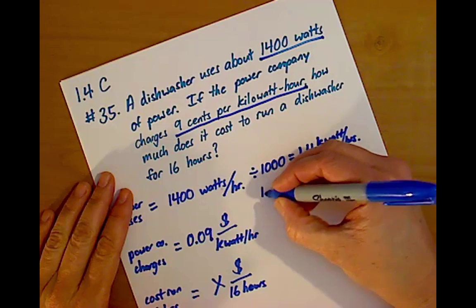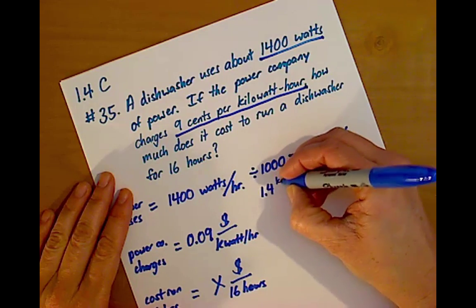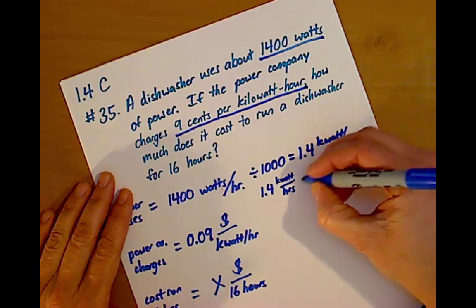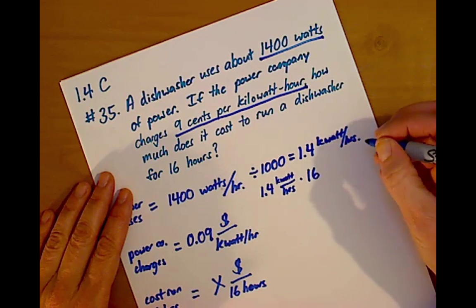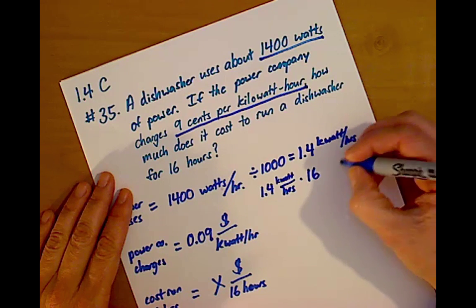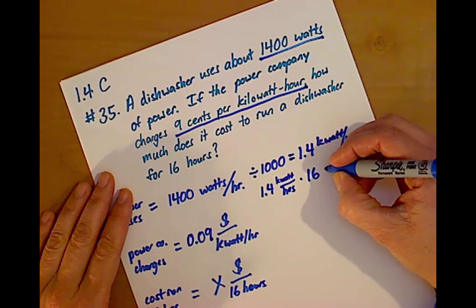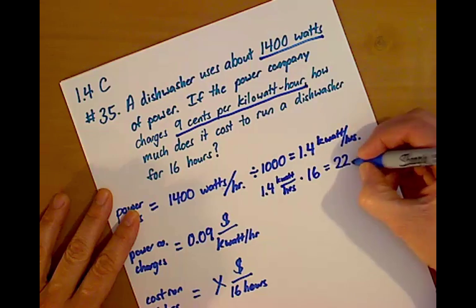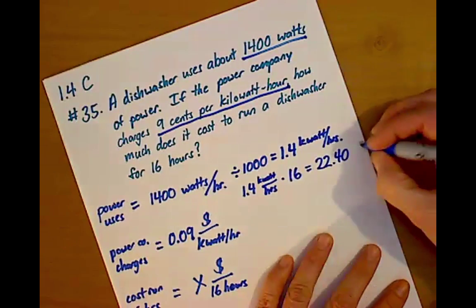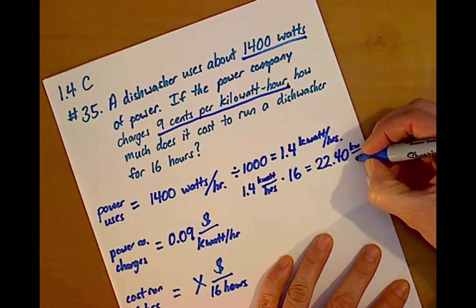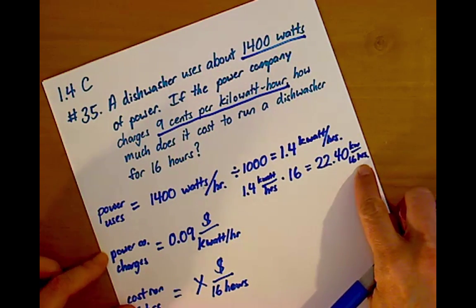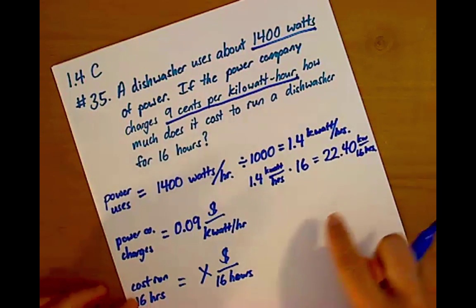So we're going to say 1.4 kilowatt hours multiplied by 16 hours. And then we're going to get 22.40, and that's kilowatts per 16 hours. Okay, so that's how many kilowatts are used in 16 hours.